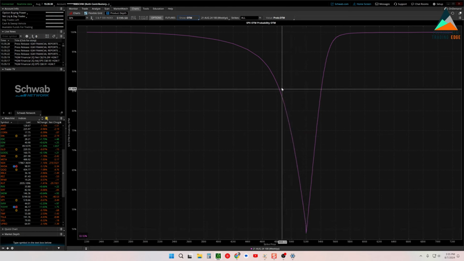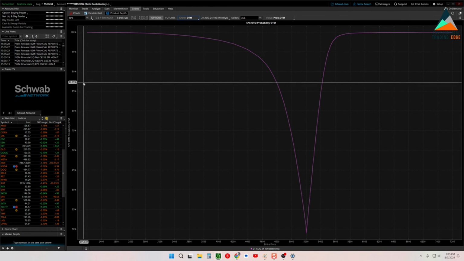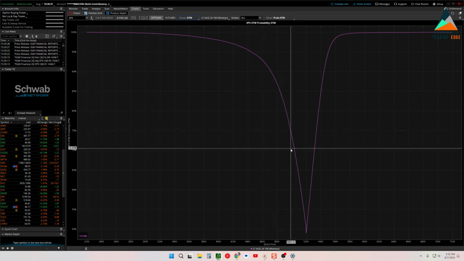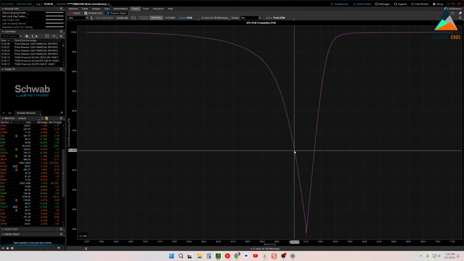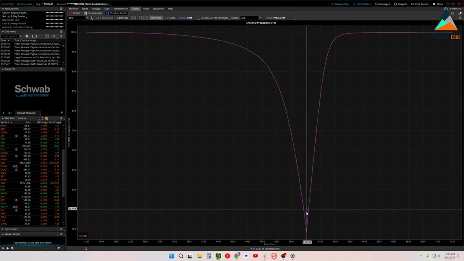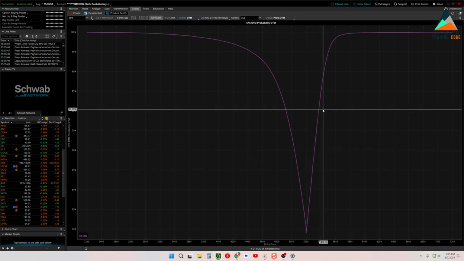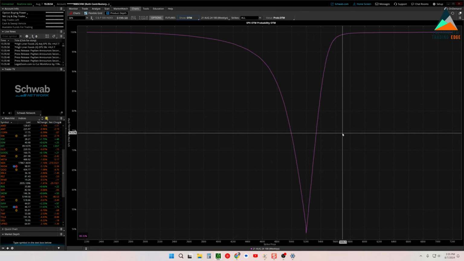One standard deviation on probability of OTM is roughly 48 or so, and you can see this comes down to this crazy point. The call side and the put side are slightly different. This is the standard model of probability of OTM.